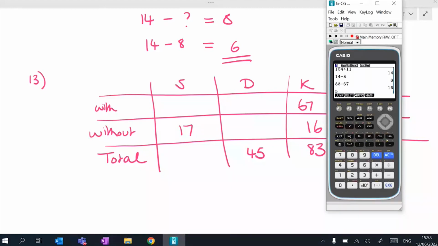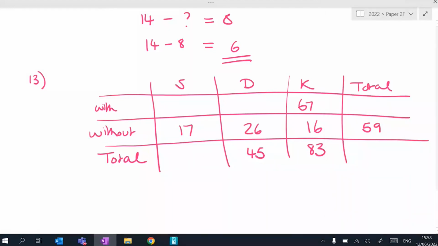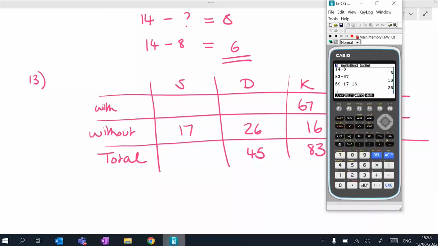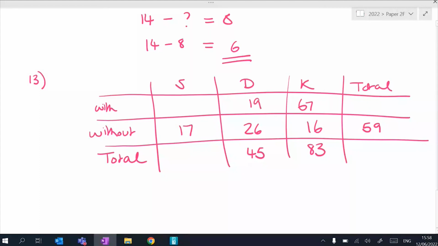So I can do 59, take away 17, take away 16 to get 26. I can then do my total 45, take away those 26, gives me 19 up here.